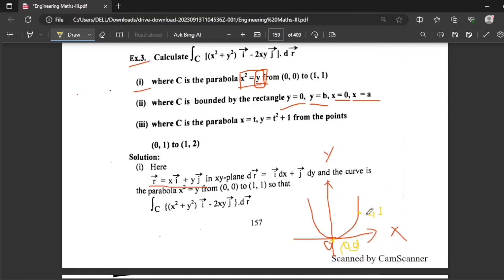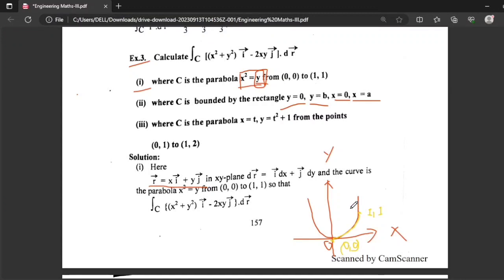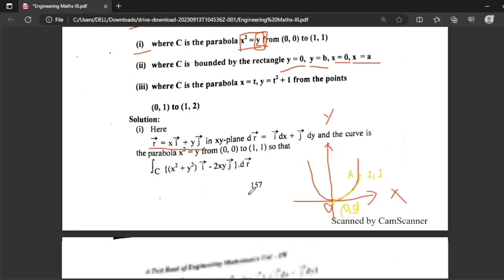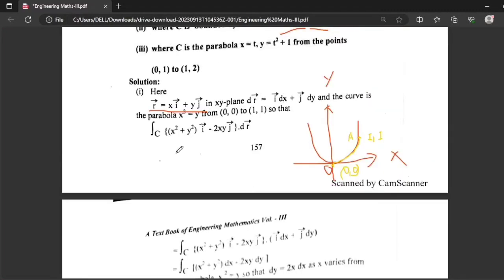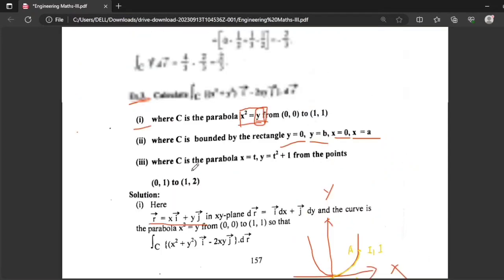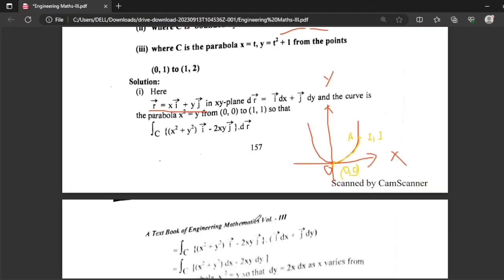So we need to find the line integral from O to, let's say, A, of (x square plus y square) i vector minus 2xy j vector dot dr. dr is simply i dx plus j dy.